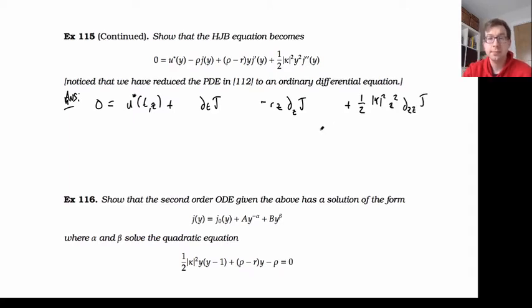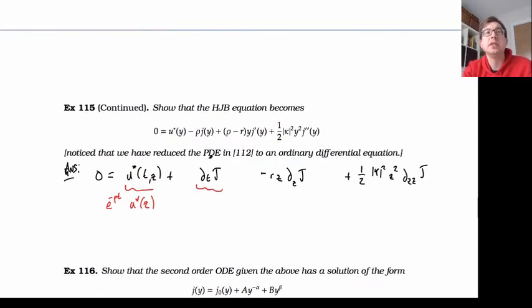Now we can look at each of these terms. We can check that this is just e to the minus rho t times the Legendre-Fenchel transform of the utility function z. And here I can substitute in the partial derivatives from above.